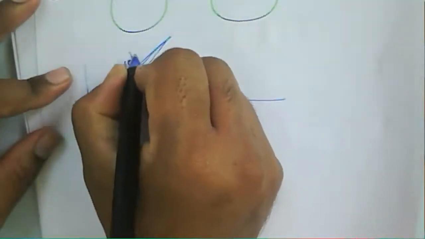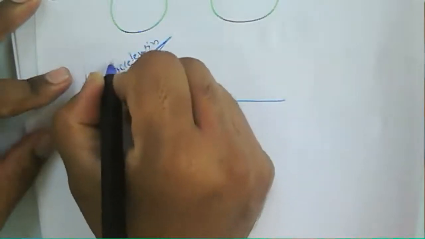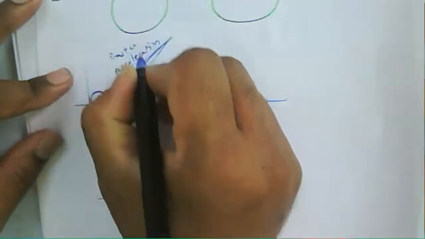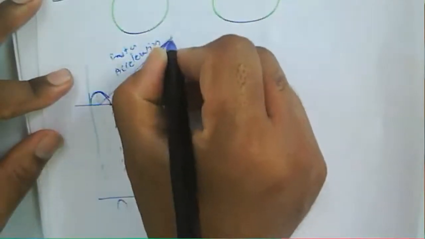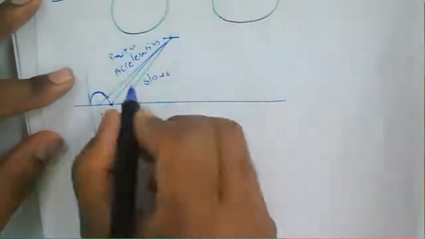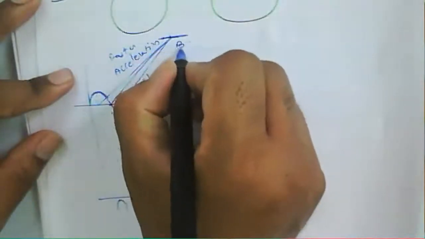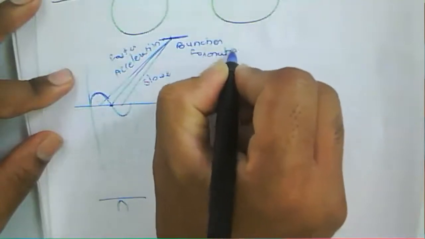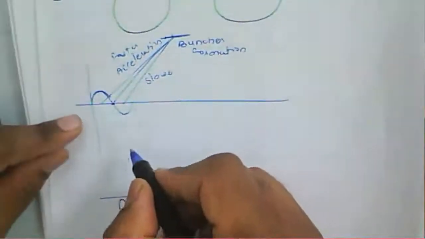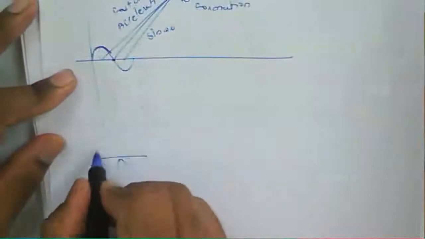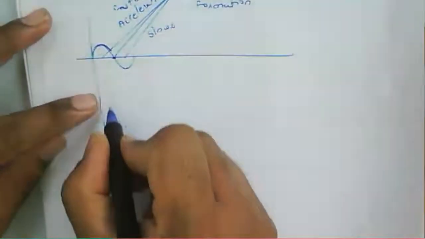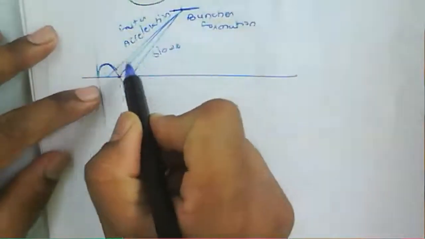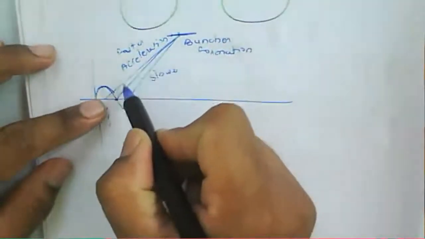So the velocity will be faster here and slower there, and at that specific place they form the bunch. So here the buncher formation takes place. This is an Applegate diagram. The electrons emitted in the positive half cycle are accelerated, so they move faster.